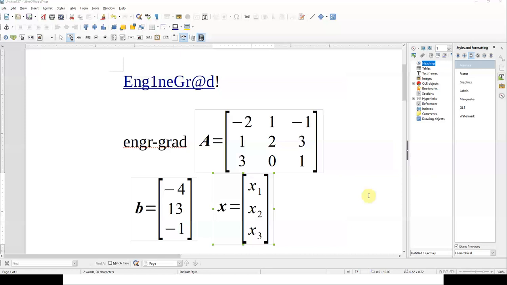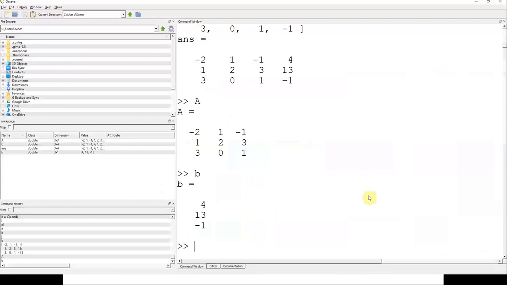Or Octave. Where's my Octave? There it is. So here's my Octave. So x is equal to inv, that's inverse, of A times B. By the way, MATLAB means matrix lab.